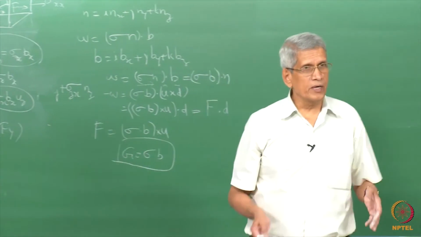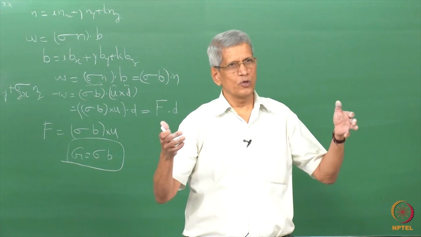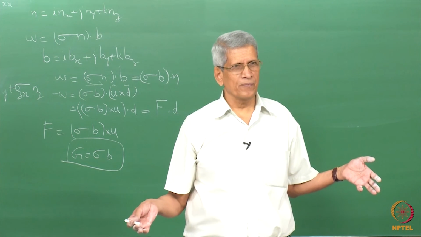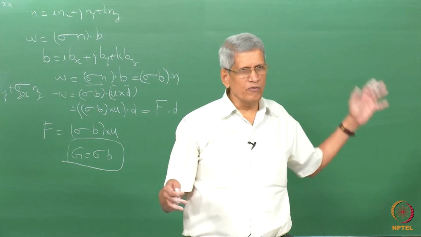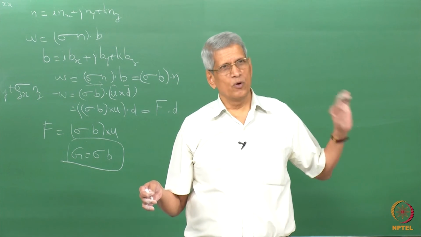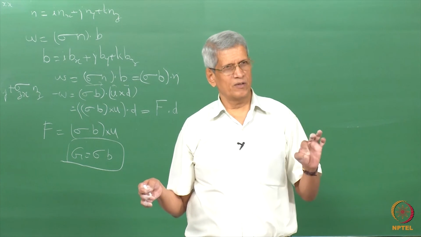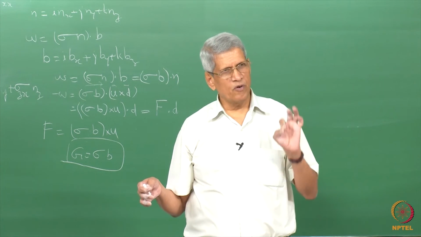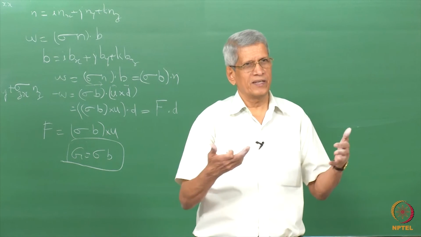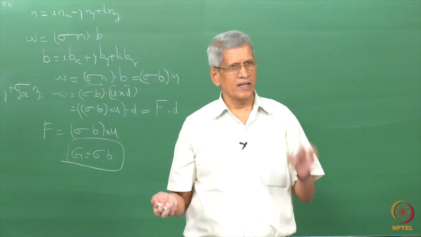This force is very important. Unless we know the force, we will not be able to tell how the dislocation is going to move. Especially when the dislocation is a mixed dislocation, the force will be acting in different directions on the dislocation. At every point, though the stress is applied in the same direction, the effect of the stress on the dislocation acts in the form of a force, a virtual force, as if a force is trying to push the dislocation, and that force always acts perpendicular to the line direction.